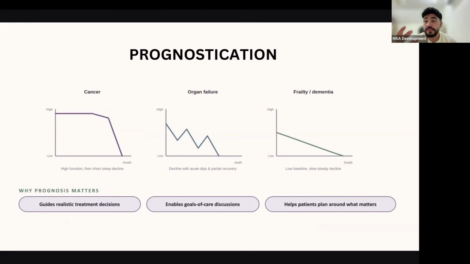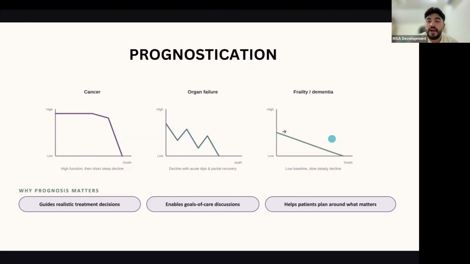Now, prognosis, right? So people with cancer usually have high functionality, and then they start to have a short, steep decline that will bring them to death. This is how it looks for them. People with organ failure have ups and downs, ups and downs. You see these dips right here with partial recovery in between.